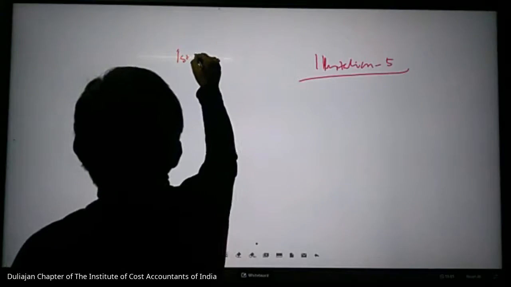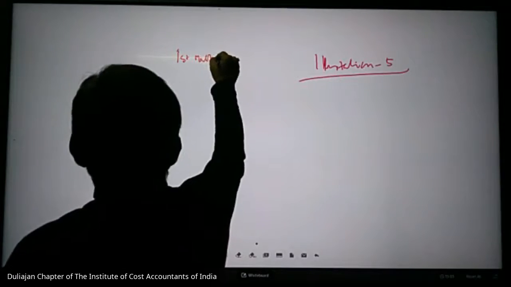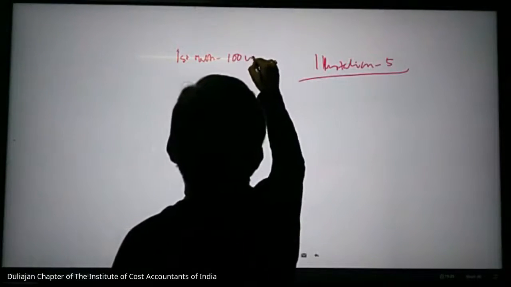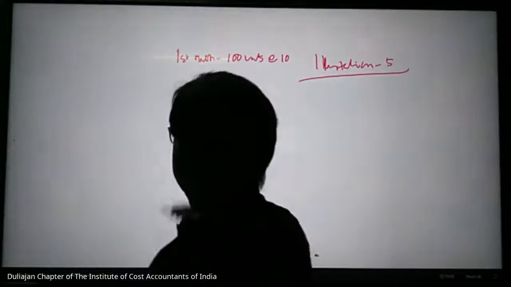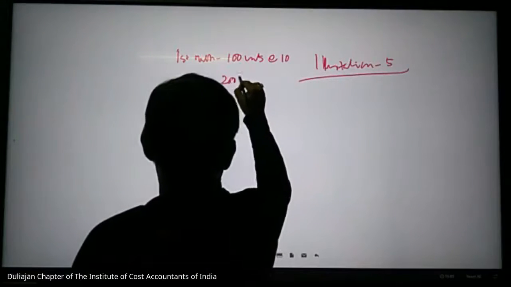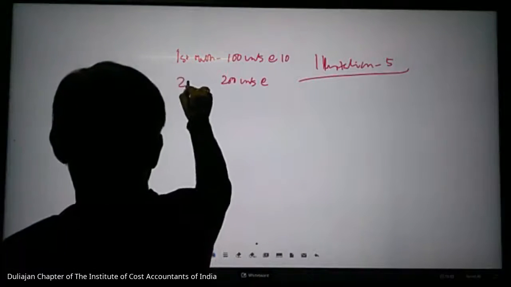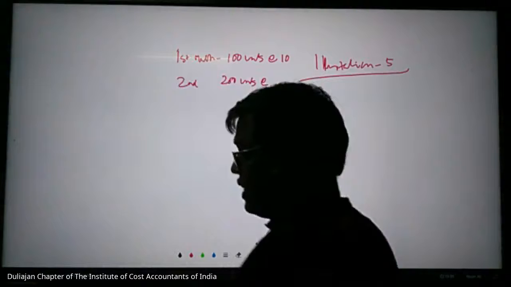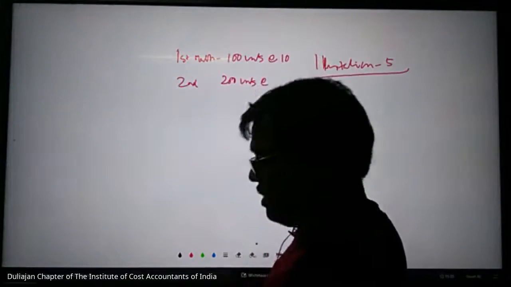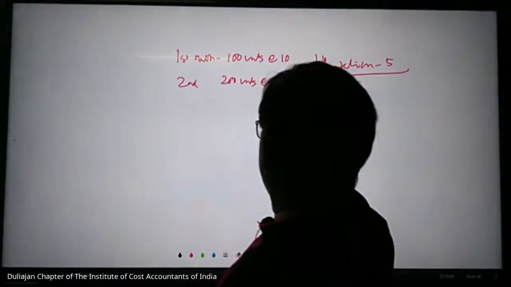1st March, 100 units at the rate of ₹10. Then 200 units. This is on 2nd. 200 units purchased at the rate of 10.2 each.